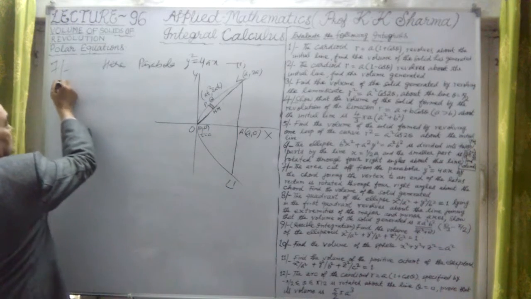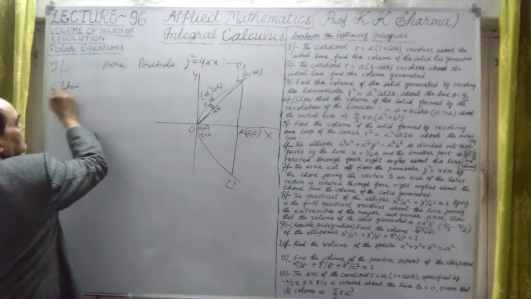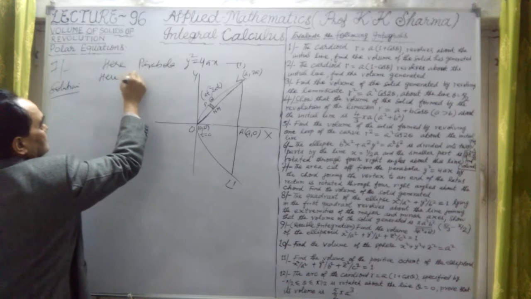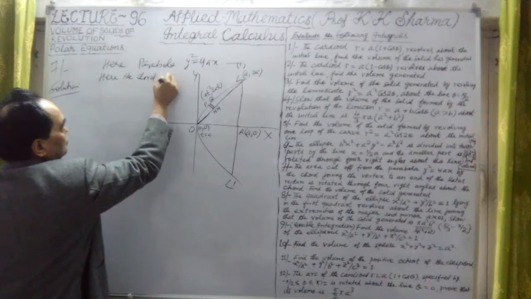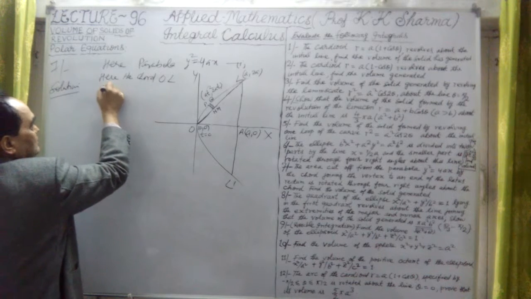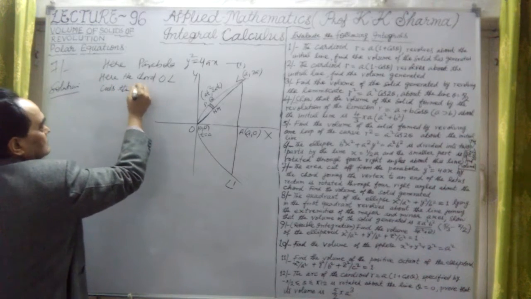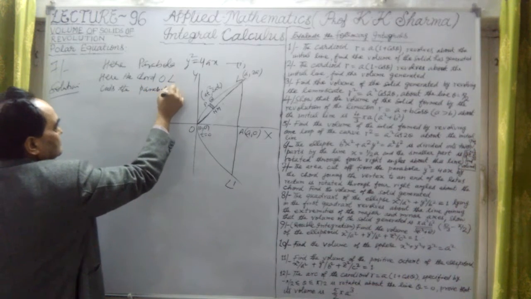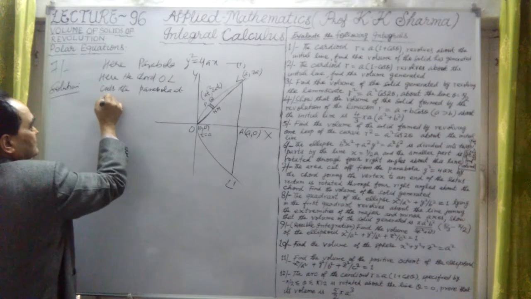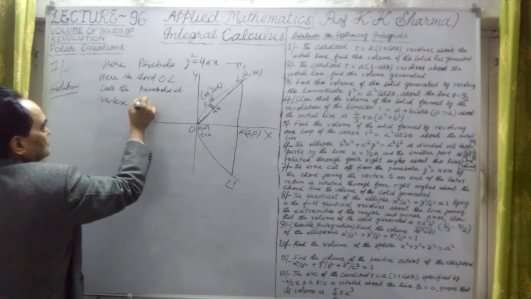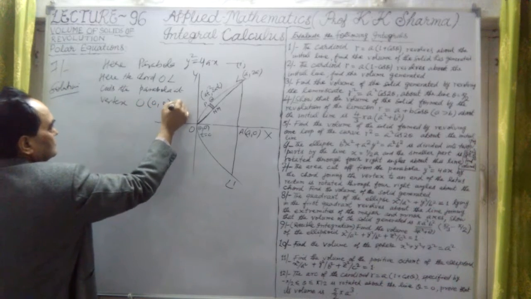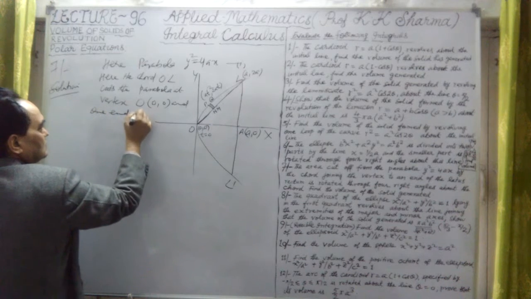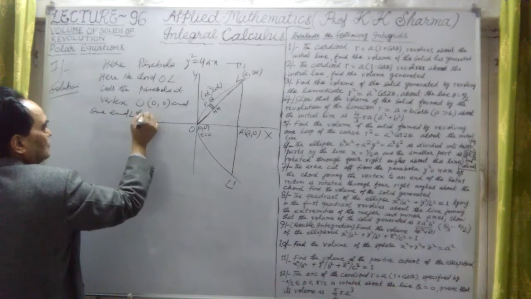Now let me take the solution of this point. So what is the curve here? Here the chord OL cuts the parabola at vertex O, 0, 0, and at one end L of the latus rectum.